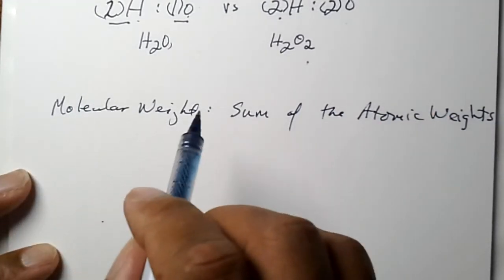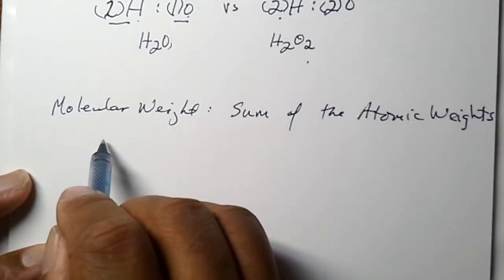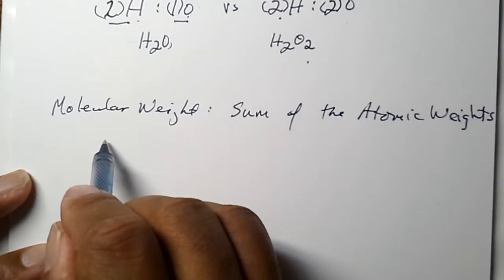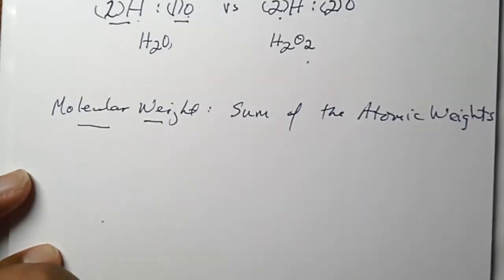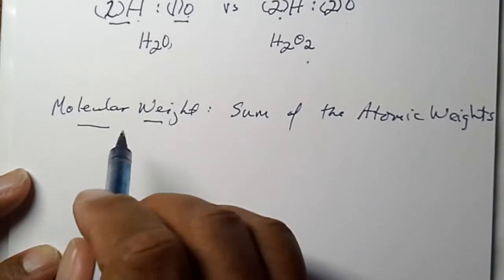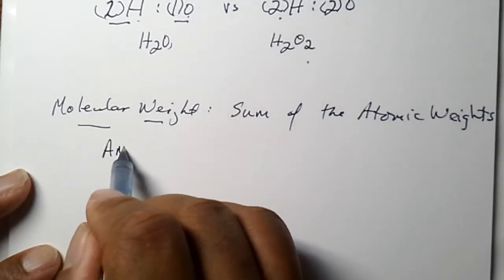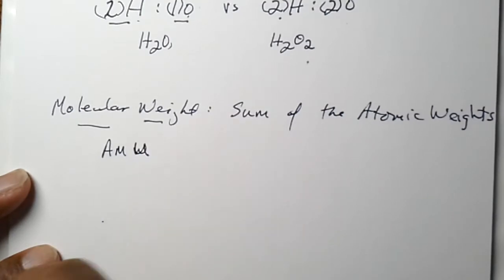So when you sum them up and you get an average mass, you get what's referred to as the molecular weight. And we express the molecular weight in atomic weight units.